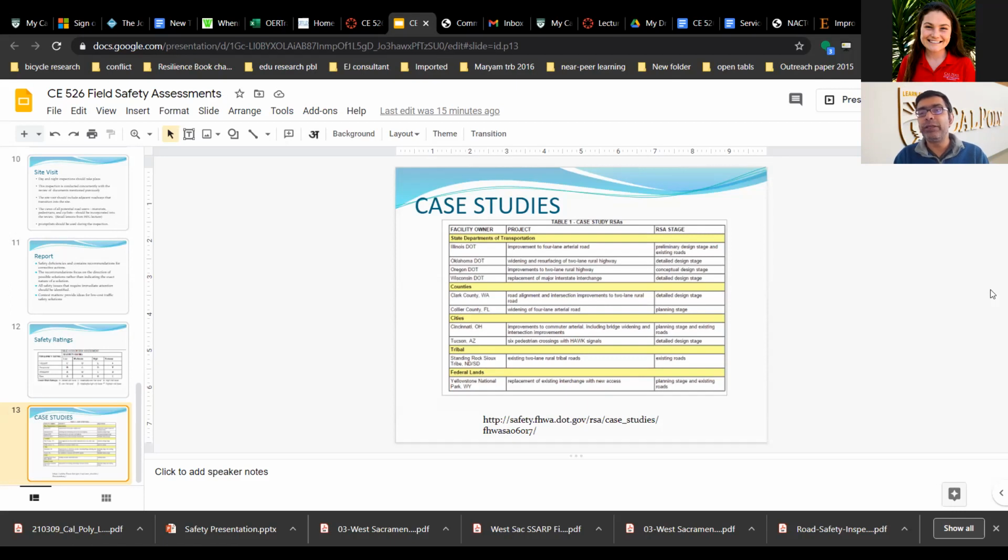But sometimes, yeah, so if you're doing existing roads and you're actually hiring independent experts, then those monies have to come from city funds or the community funds or whatever agency funds. But in some cases, when you're doing it on the preliminary design or detailed design stages, this could be part of the contract. At different stages of the design, you'll have an independent review team look at this.